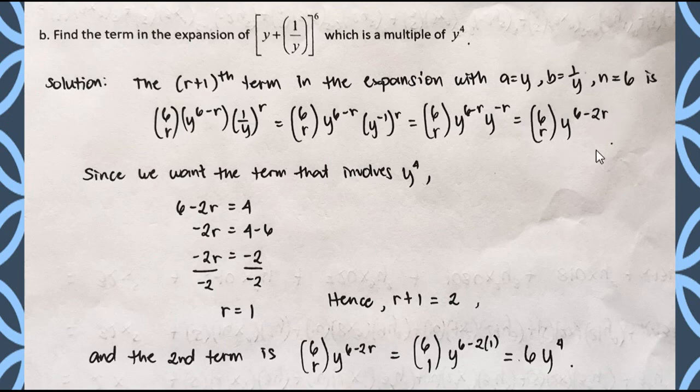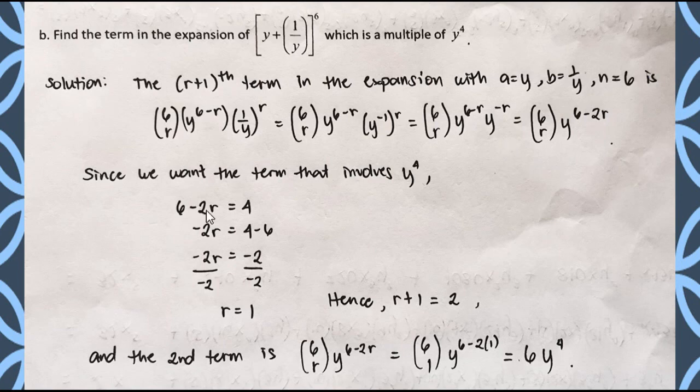Ang ato ang kuanon nga dapat to the power of 4 siya. So, dapat kani siya to the power of 4. So, 6 minus 2r, that should be equal to 4. So, since you want the term that involves y to the power of 4, we have to equate this exponent to 4.